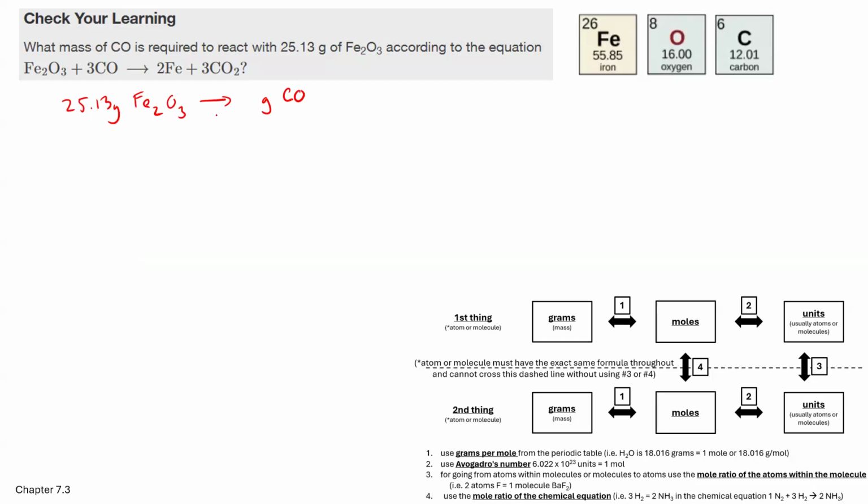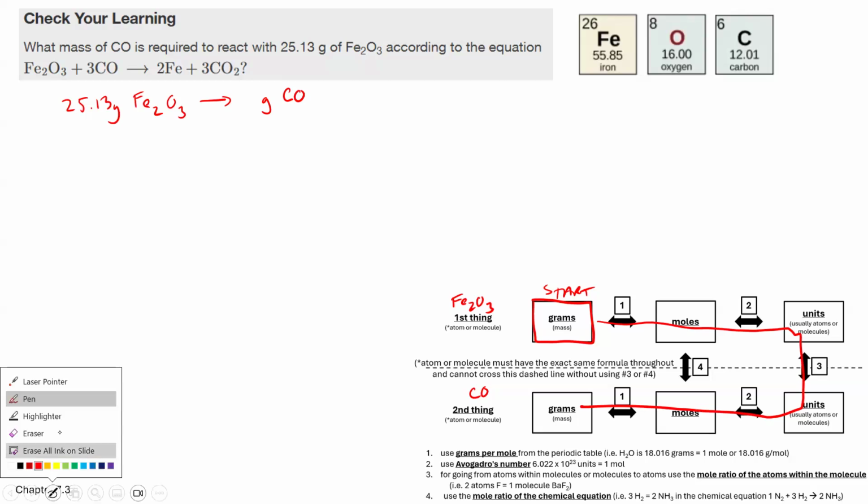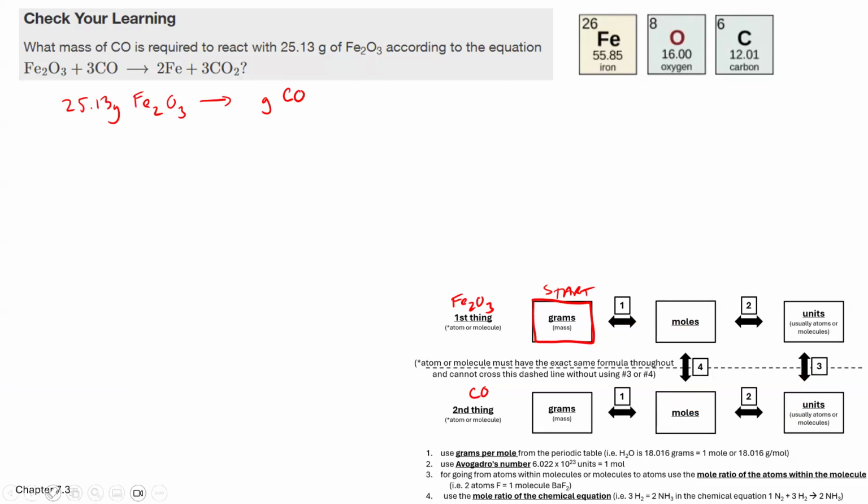All right, let's label this: Fe2O3, CO. This is our start. And it looks like it's the same process, right? But I want to point out, we could go across this way, down here, all the way back, right? This conversion table is very mobile.